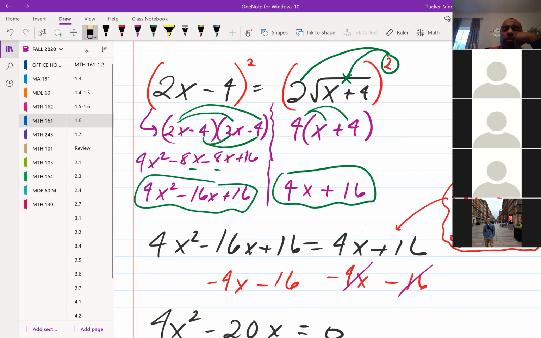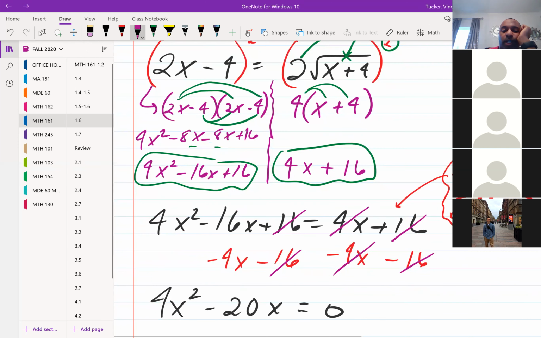So what I'm going to do is subtract 4x and subtract 16 from both sides. So 4x minus 4x will cancel. 16 minus 16 will cancel on the right. But also recognize that 16 minus 16 cancels on the left as well. And that leaves us with 4x squared minus 20x equal to 0.